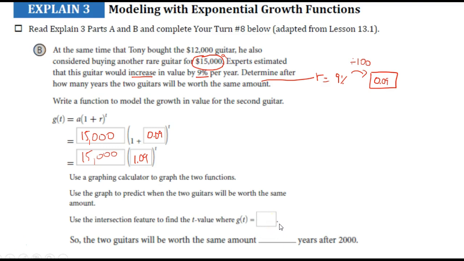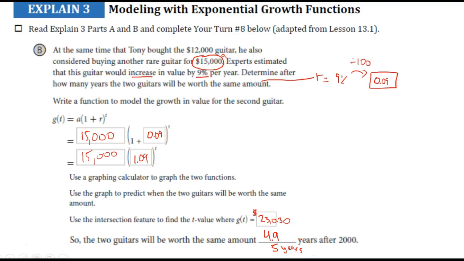Just as it said there, after about 4.9 years, or 5 years really, because that's what it boils down to, both would be about 23,000 and some change. Okay, so after either about 4.9 years or about 5 years.